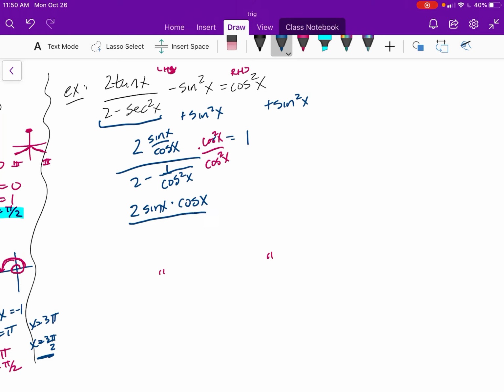In the denominator, I would get 2 cosine squared x minus 1, right, because those cancel completely, equals 1. Go and erase that. Now what? This thing is still quite ugly. Well, it's an equation, right? So let's multiply this to the other side.